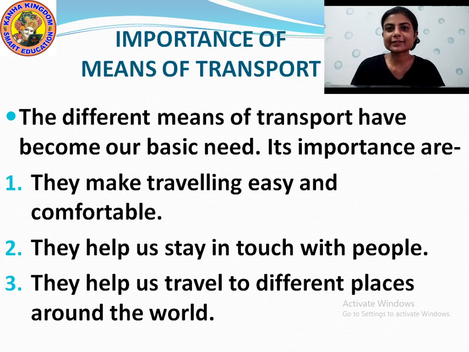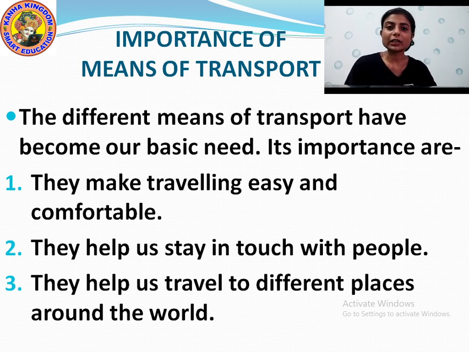And now kids, let us study the importance of means of transport. Why are these different vehicles and different means of transport important to us? See, the different means of transport have become our basic need.